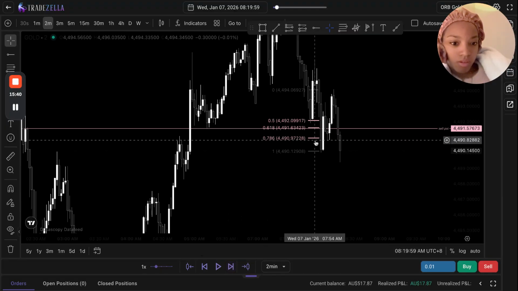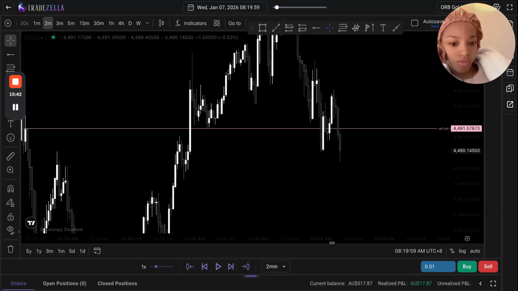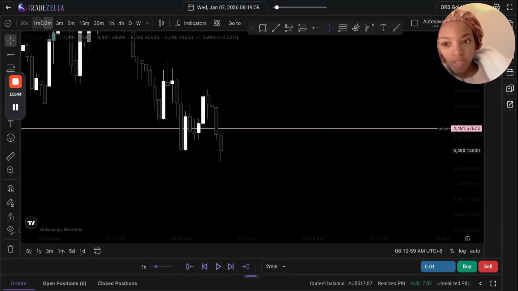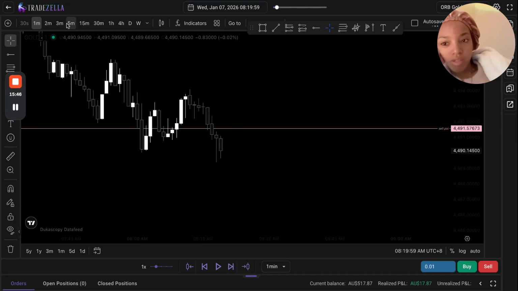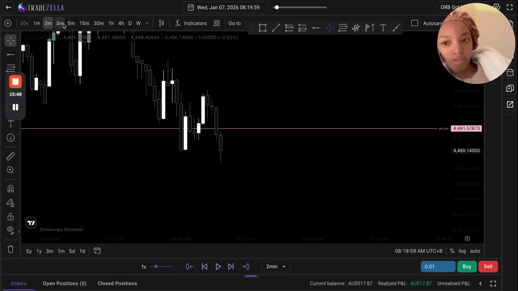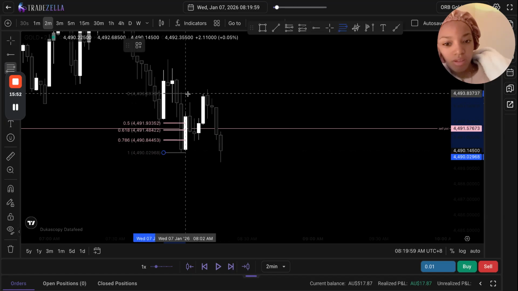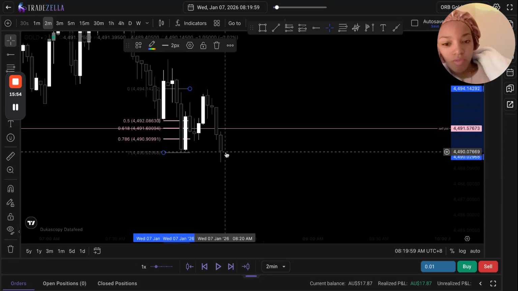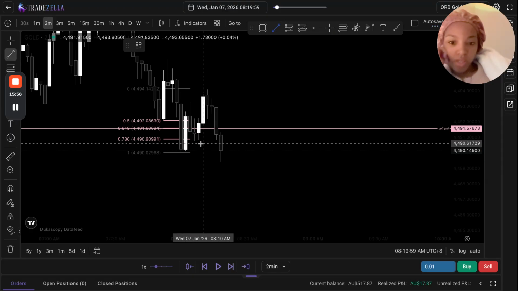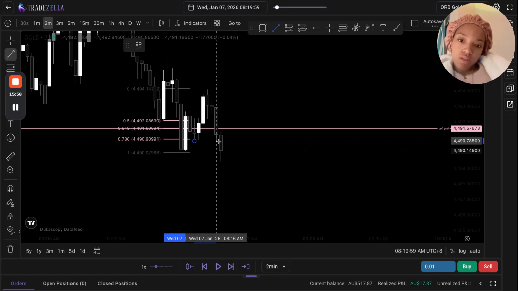We failed it. Looks like we're delivering off of... Would you even classify that as an AMD? No, that just looked like a trend reversal. So we had that OTE from the first 15 minutes fail. We had a change of character.